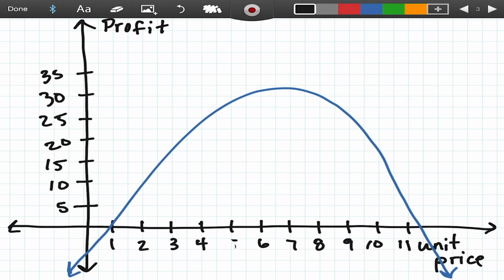Okay, so this over here is how much money I could potentially make. My annual profit. All right, this is in billions of dollars. Billions and billions. So it's going to be 5 billion, 10 billion, 15 billion, 20 billion, so on and so forth.